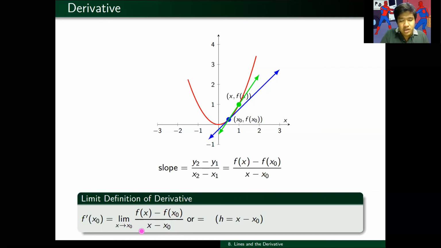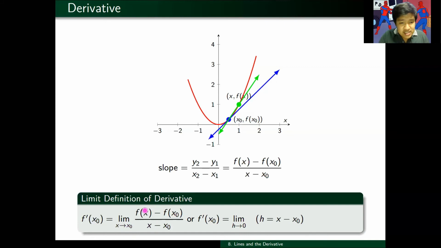Ano mangyayari? Pag yung x papalapit sa x0, yung x minus x0 papalapit sa 0. Habang ito lumalapit sa x0, itong buong h lalapit sa 0. So, itong limit na to magiging limit as h approaches 0.